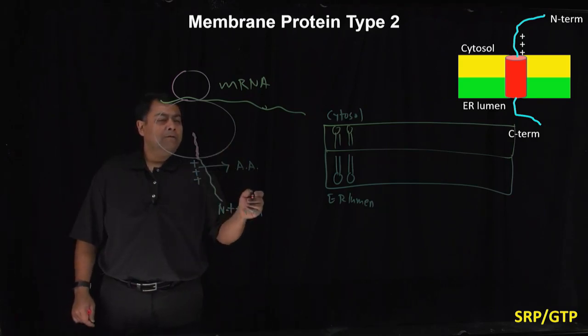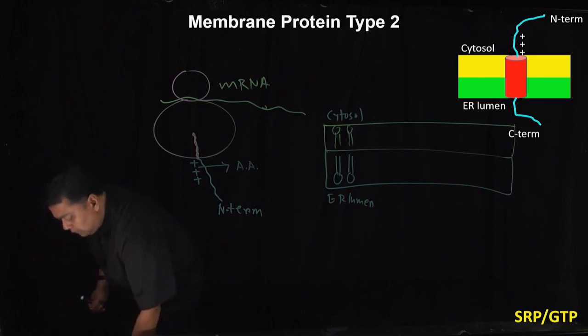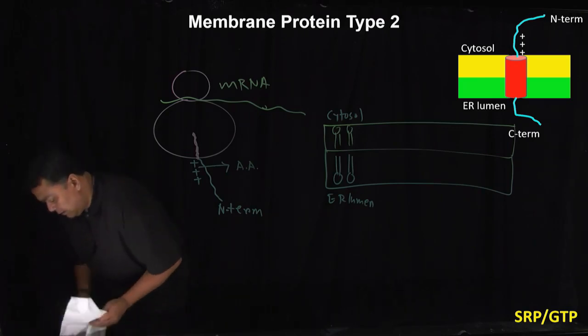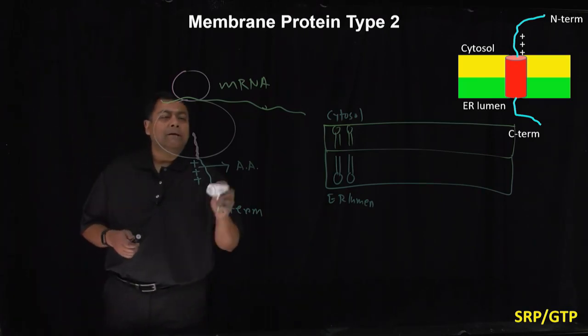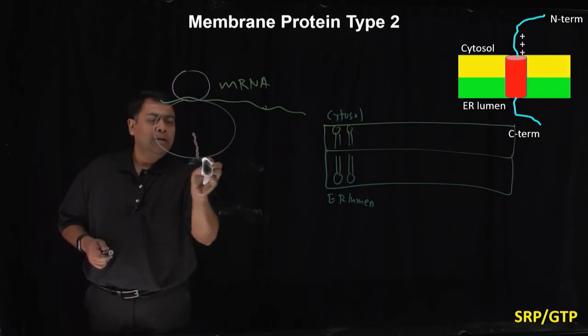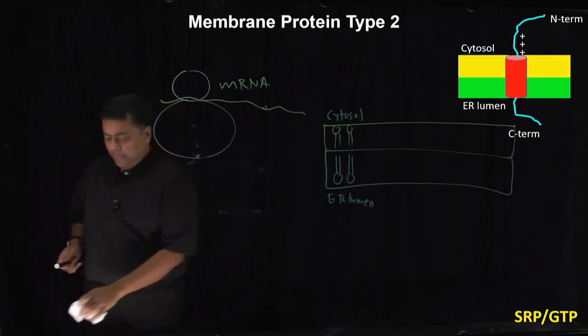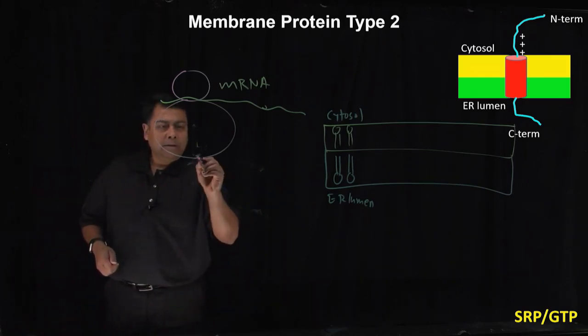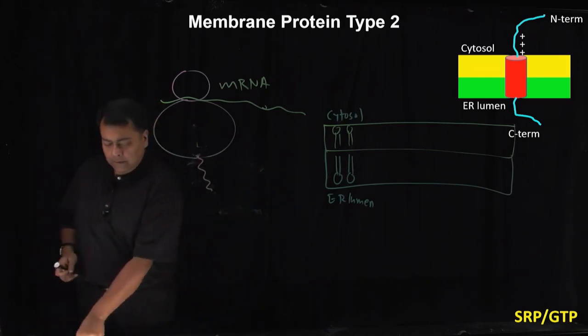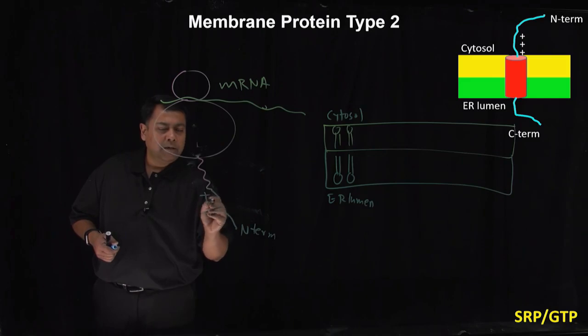As soon as that hydrophobic sequence comes out, we can just modify this picture a little bit to understand the next step. So here, this sequence is now out. This is the N-terminal sequence, and we have some plus charged amino acids right here.